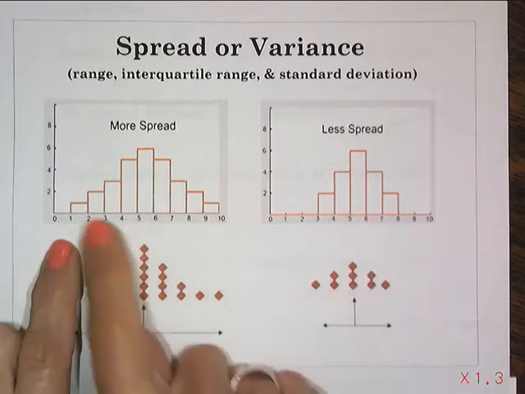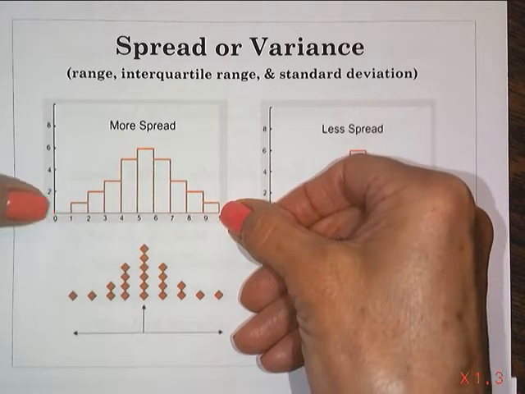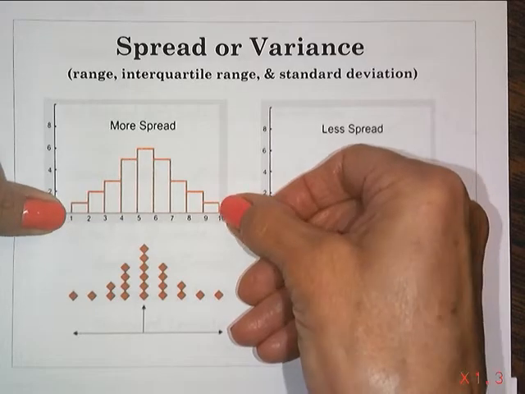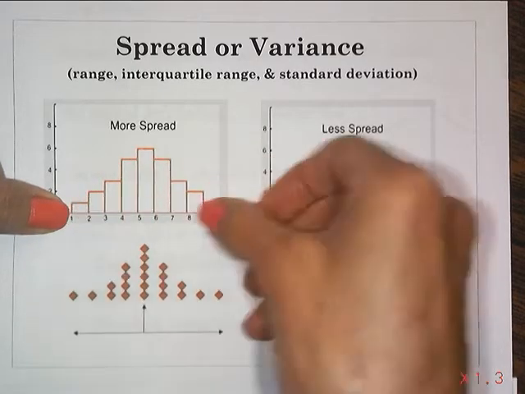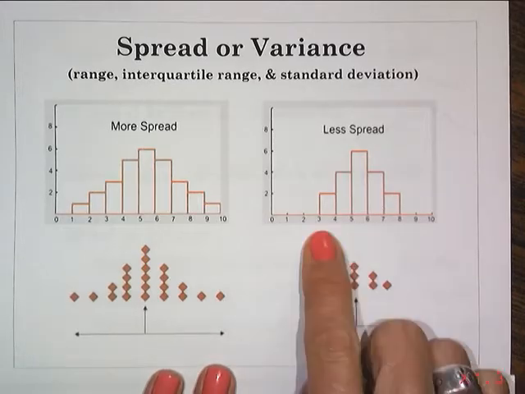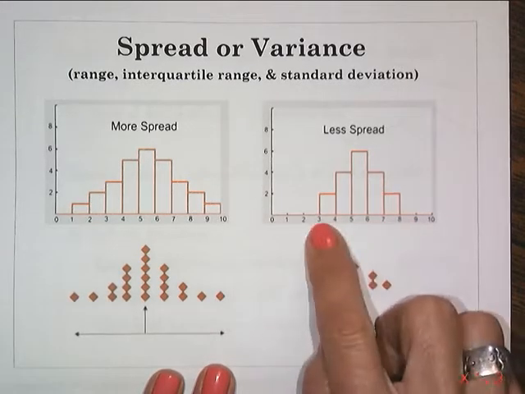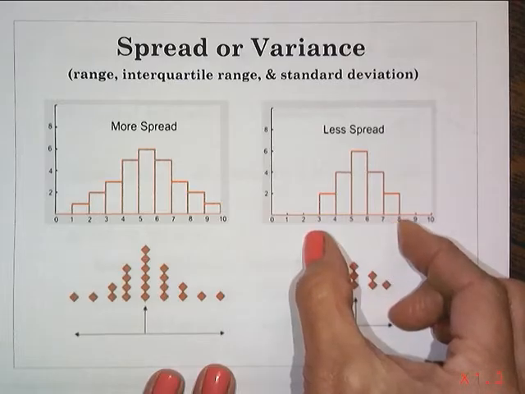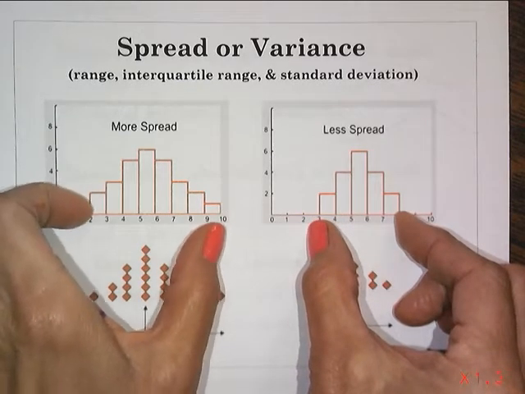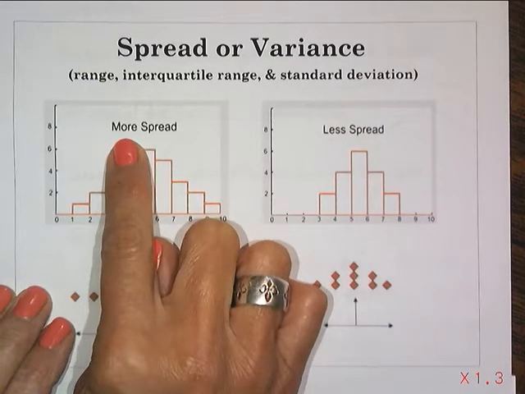Notice though that the data is spread, or the range goes from 1 to 10, or I would say the range is 10 minus 1, or 9 units. This has a range of 9. This particular set of data has a range from 3 to 8, or I could say 8 minus 3, a range of 5 units. So because this 5 is less than this 9, we'd say that this data is less spread out versus more spread out.